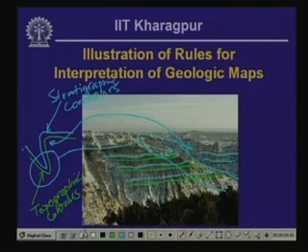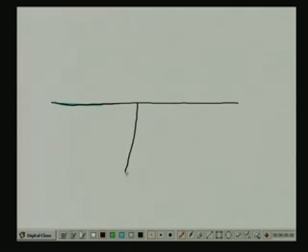whereas if you have a near vertical surface, let's say we have a ground surface like that, in which we have an intrusive layer shown like that.